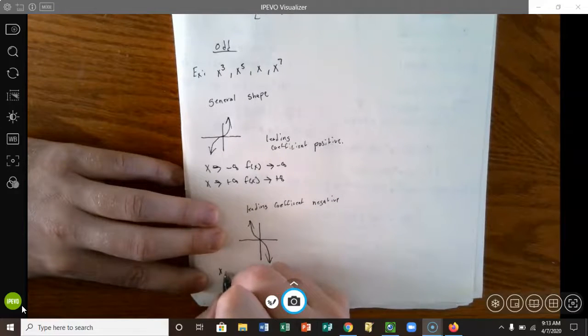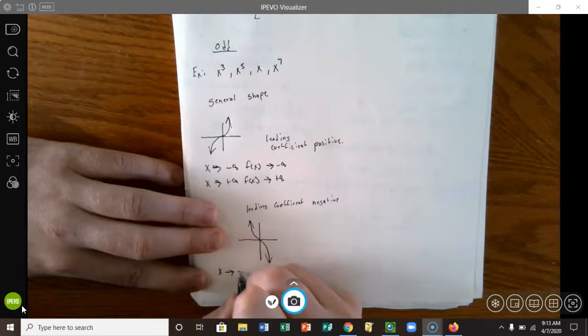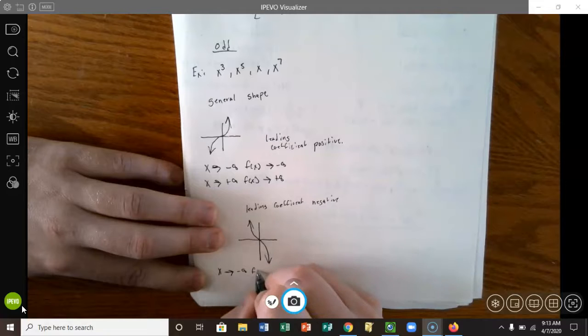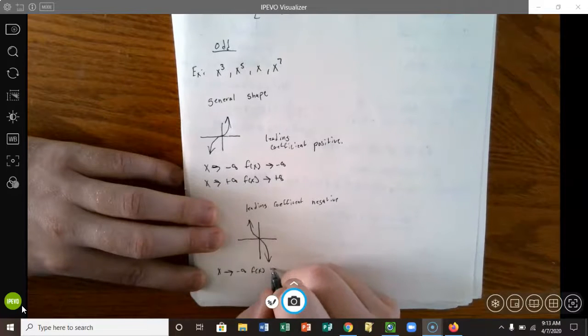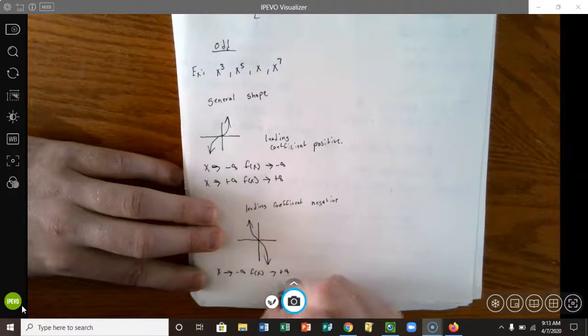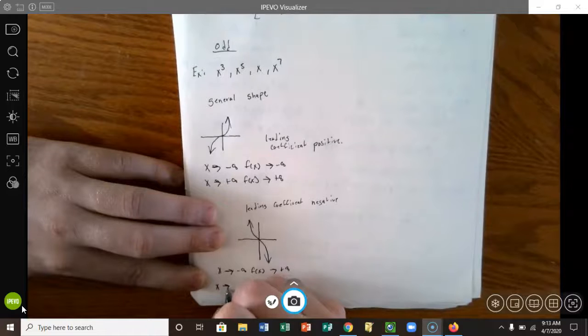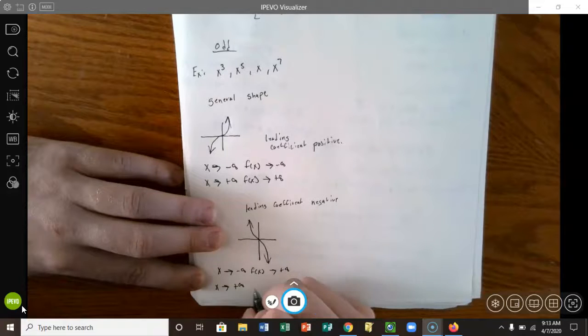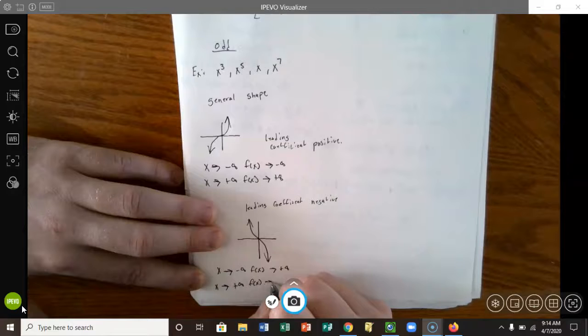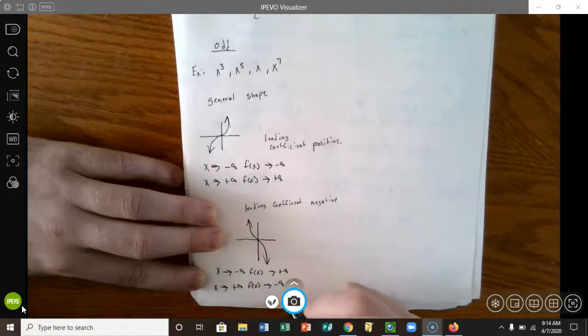So as x goes towards negative infinity, f of x goes towards positive infinity. As x goes towards positive infinity, f of x goes towards negative infinity.